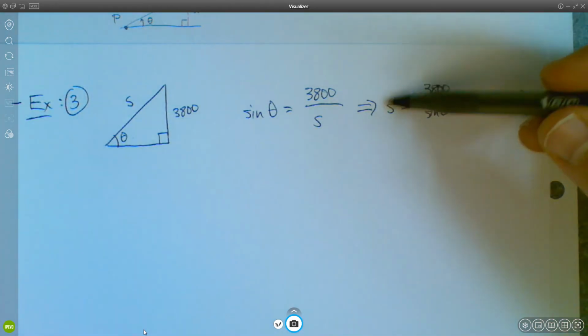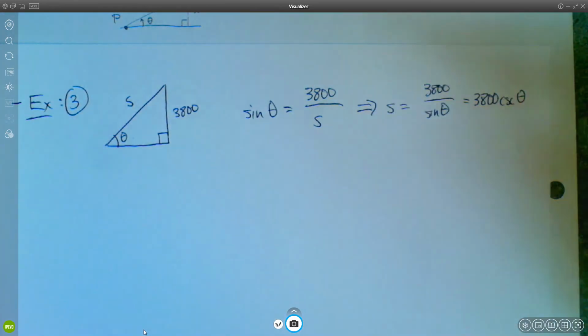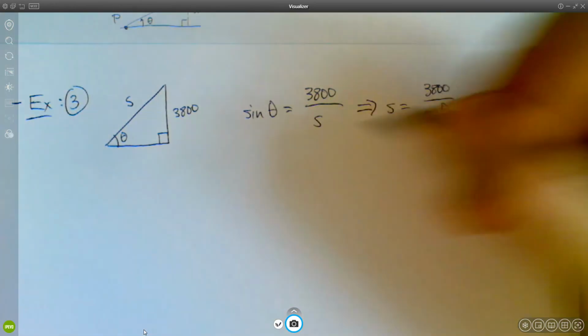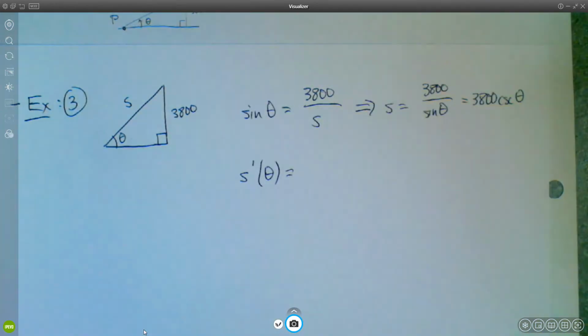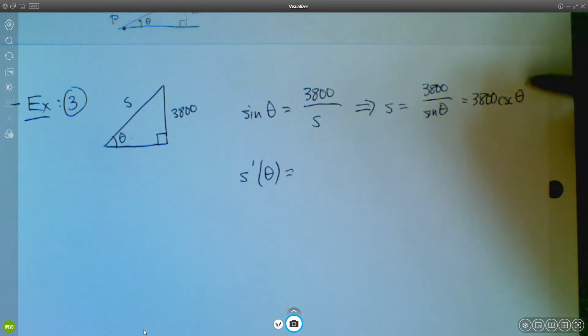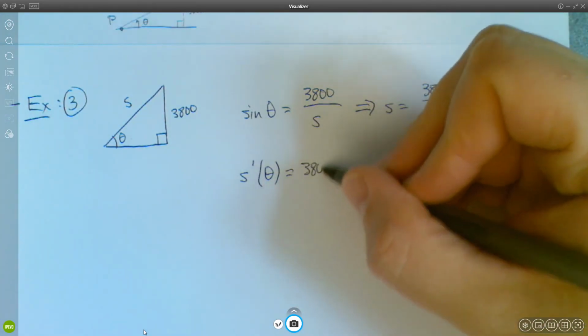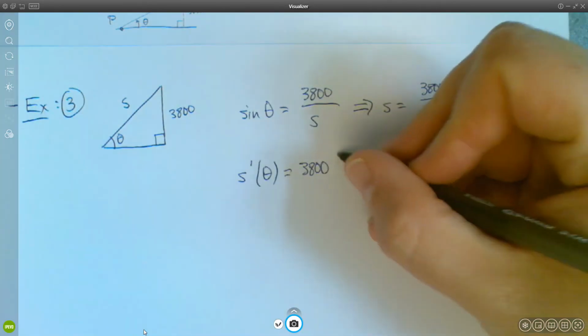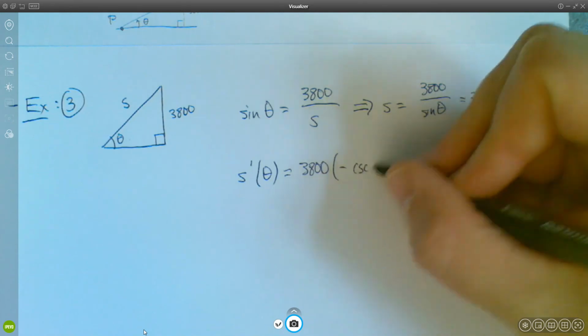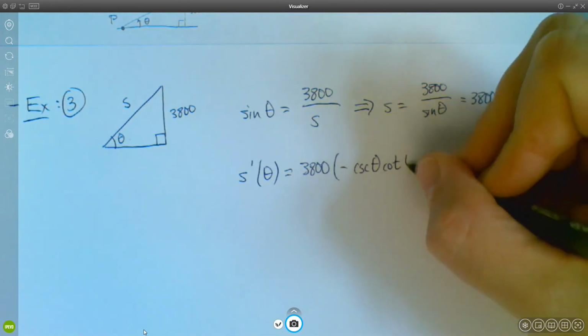So now to figure out how fast s is changing, I should take the derivative, right? I should look at the rate of change. So I'm going to say s prime of theta is going to be 3800 times the derivative of cosecant theta. So what's the derivative of cosecant? It's negative cosecant cotangent.